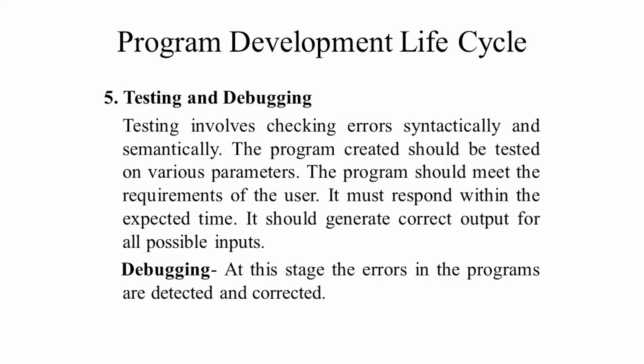So the next stage involved here is testing and debugging. So testing is nothing but checking for errors syntactically and semantically. Syntactically means to check whether a sentence is grammatically correct, and semantically means to check whether the statements you have developed have a valid meaning, called semantical verification.